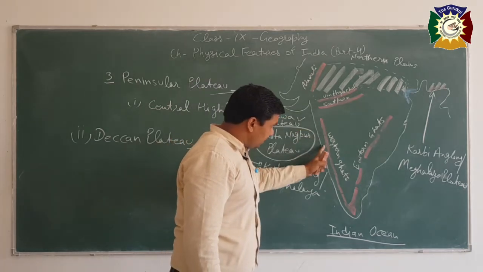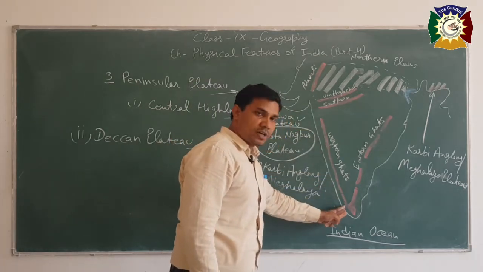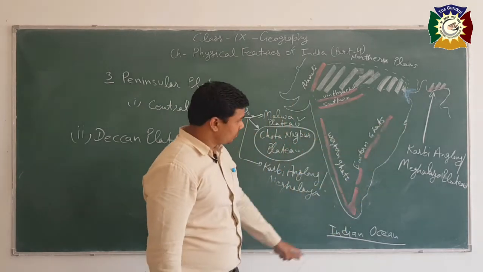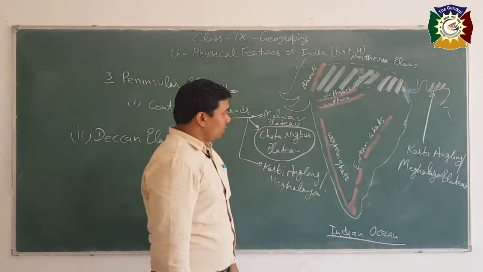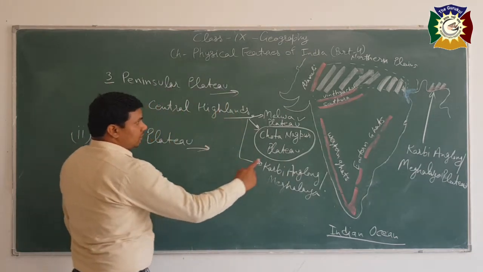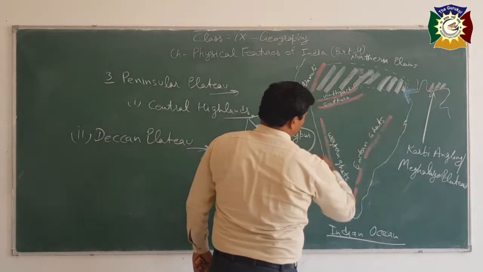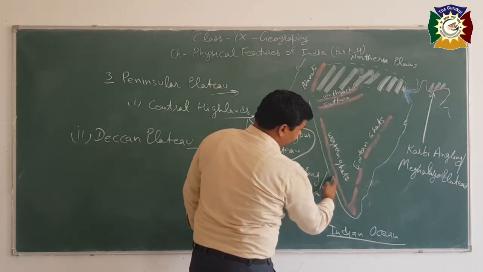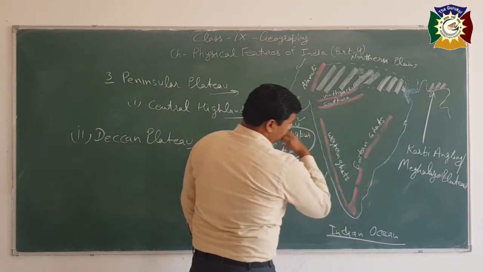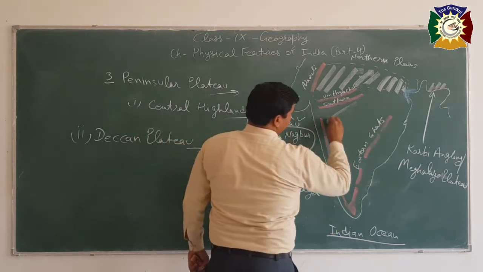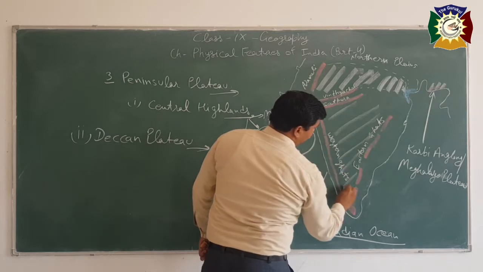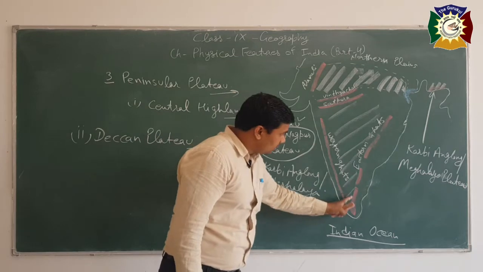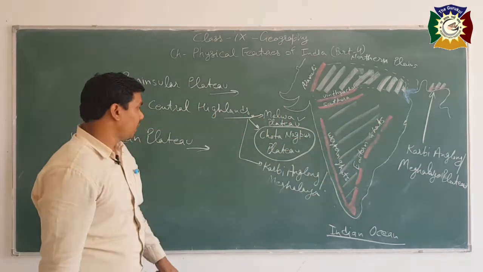On the western side, its boundary is marked by the Western Ghats, and on the eastern side, by the Eastern Ghats. And here the Rajmahal hills, in the north Satpura hills, in the west Western Ghats, and in the east Eastern Ghats. So this is a roughly triangular shape. And this is about the Deccan plateau.